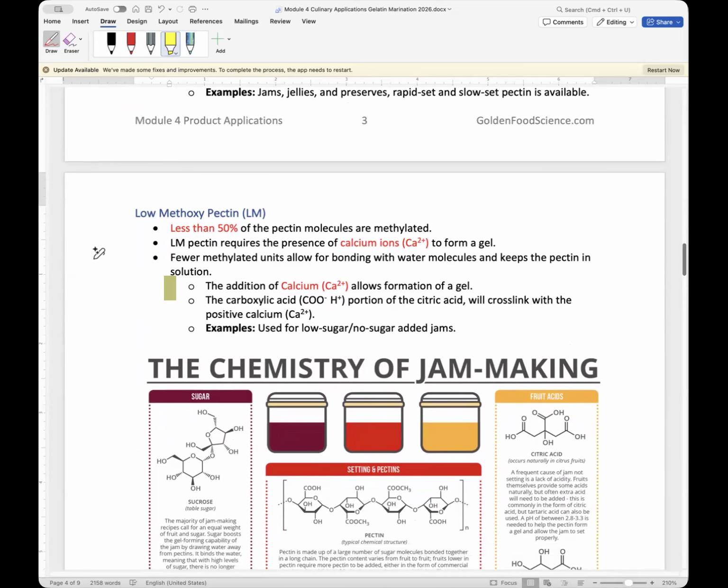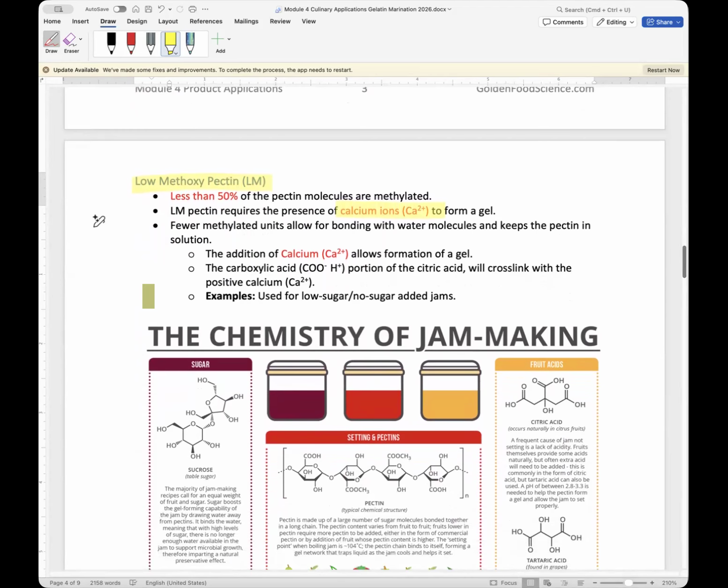In order to make low sugar jam, we use low methoxyl pectin. In other words, less than 50% of the molecules are methylated. This requires the presence of calcium ions to form a gel, so we have to add a source of calcium.